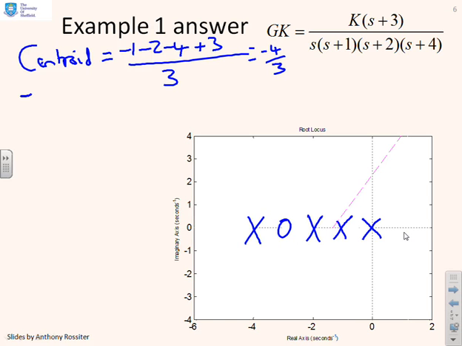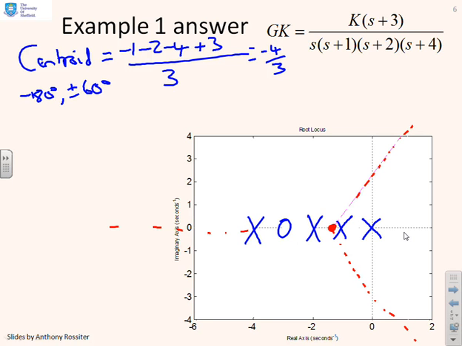There are 3 asymptotes, so the directions will be 180 degrees or plus or minus 60 degrees. So I can mark the asymptotes. Now you'll notice I've marked one of them for you here already because it's quite hard to sketch these accurately on a computer screen. So there's some of the 3 asymptotes for you, and there's the centroid marked.